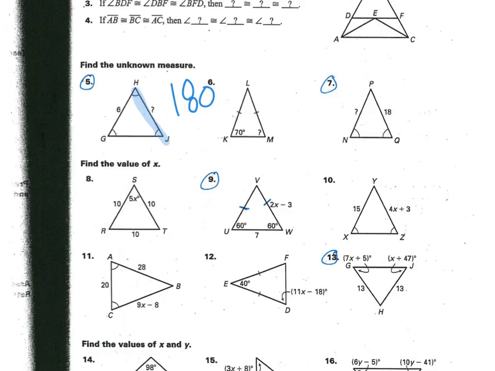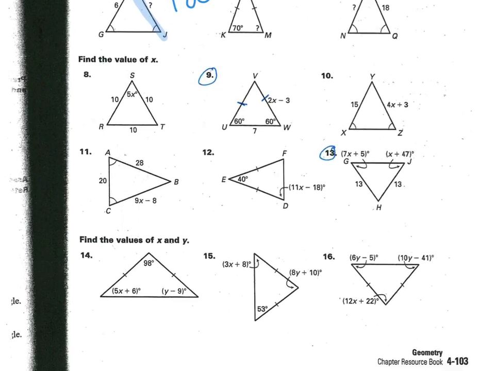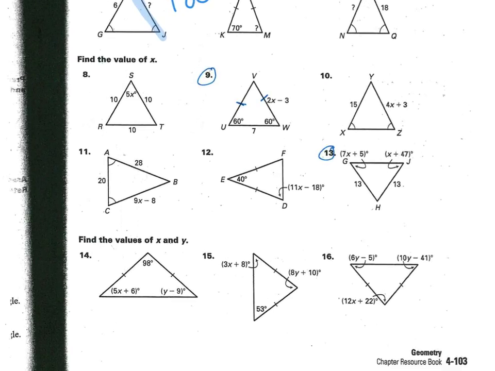Moving on down to 9 and 13. You have a tick mark here showing you that these 2 sides are equal, which also means the angles are equal. So how can we find the value of x? You need to set up the equation. If one side is 2x minus 3, then the other side is going to be 2x minus 3, and set those 2 equal to each other and solve for x.